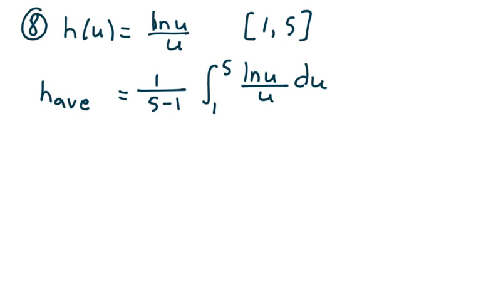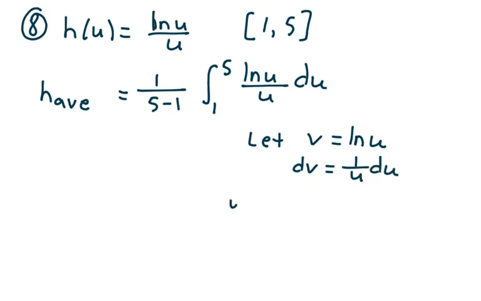Now, we could, again, do a u substitution. That's fine. But we can't use u, so I'll use v. U's already taken up. So I'm going to let v be natural log of u. Because if you notice, dv is 1 over u du.